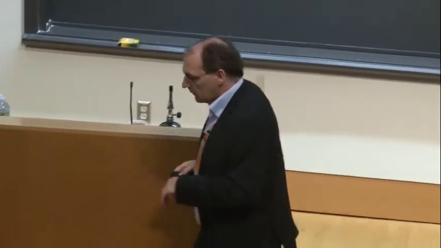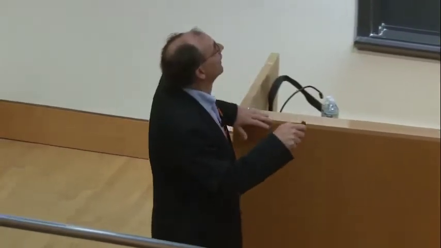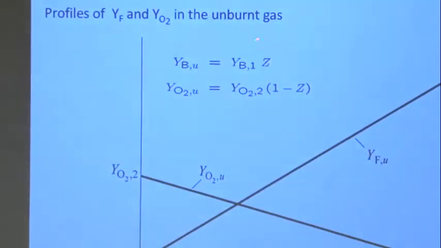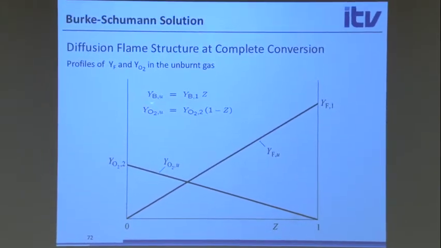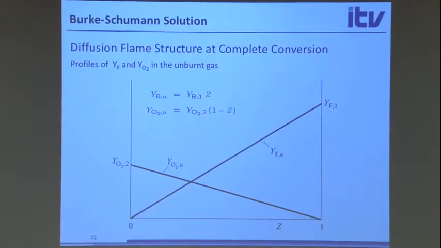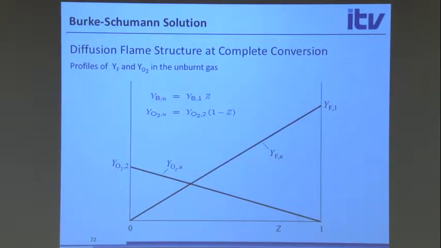So we had these relations here earlier. Y fuel unburned is the mass fraction of fuel in the fuel stream times the mixture fraction, and a similar one here for oxygen. And what's interesting is that I can just draw these as a function of mixture fraction, and it gives me the solution.